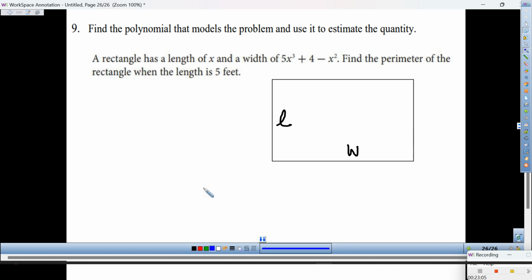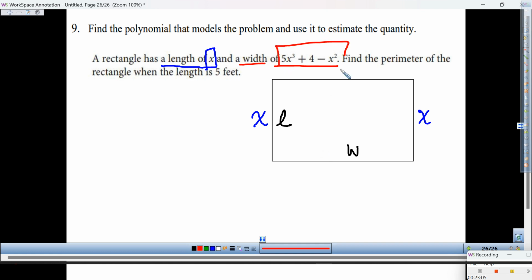Let's read this. It reads, a rectangle has a length of x. So instead of L, I'm going to write x, and x. And a width of all of this. So the width, I'm going to write it here. However, look up. Notice that it's not in standard form. Is that correct? So whenever you write it, make sure it's in standard form.